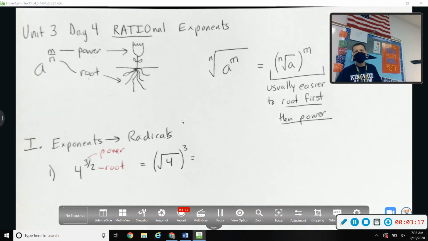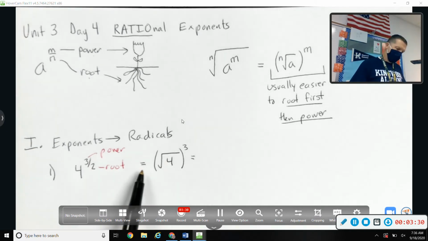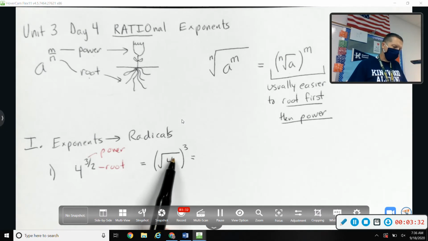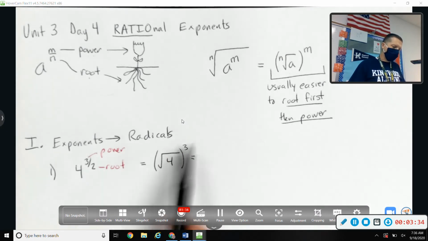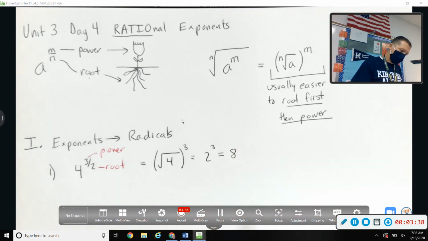Most people's brains process roots better than fractional exponents, right? 4 to the 1/2, I don't know what that is. Square root of 4, I can do that. It's exactly the same thing, but sometimes it's helpful to write it this way. After you get the hang of it, you might not write it. You may just see, oh, that's the square root of 4, and then cube it. 2 cubed is 8.